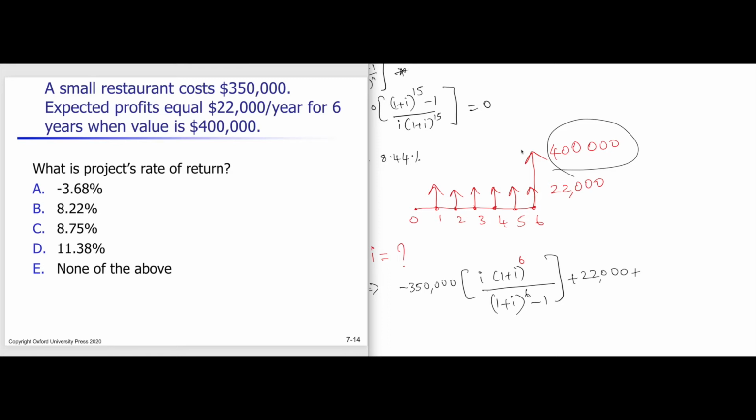to annual. So there's a formula somewhere we have written in the slides. How do you calculate?